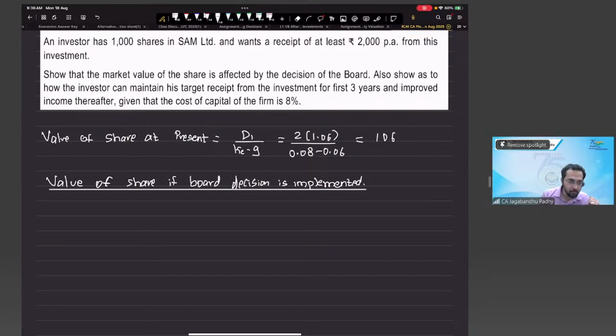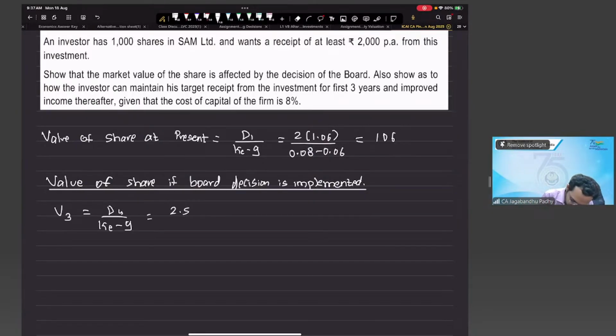Okay. So we need to get the value of the share if the decision of the board is going to be implemented. Here there won't be any dividend for the next 3 years, so I can get the value of the share in year 3. Value of the share in year 3 will be D4 upon K minus G. Now what is D4?